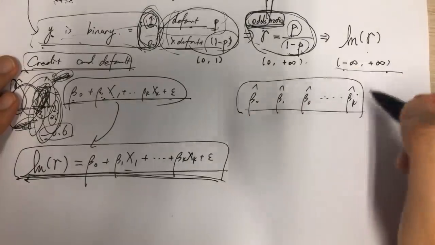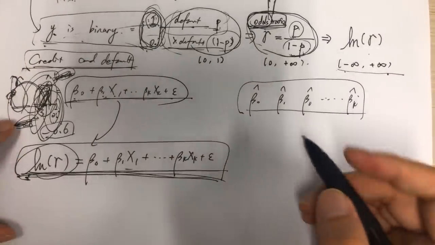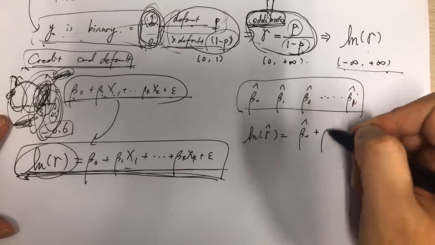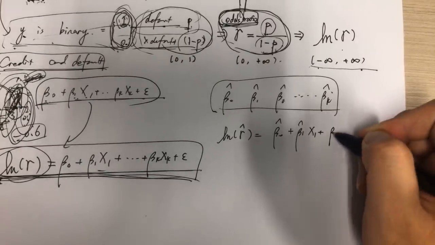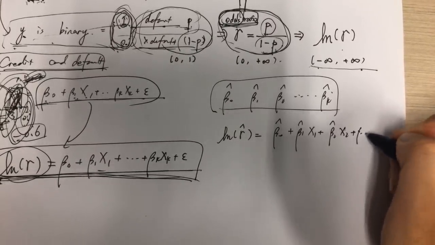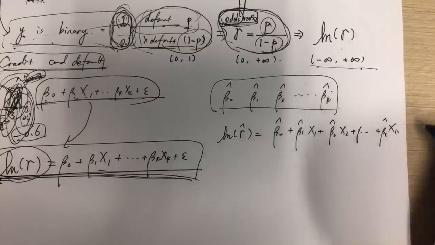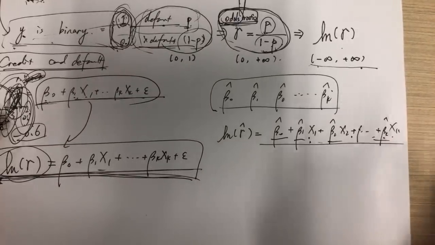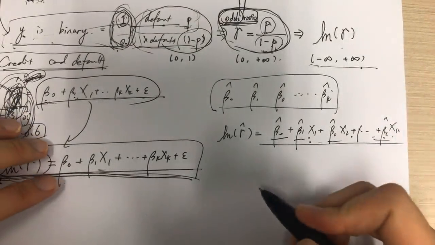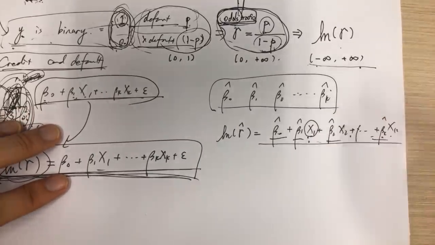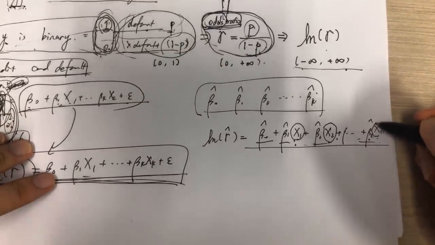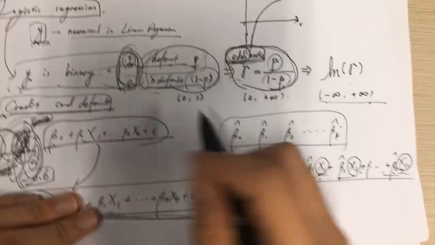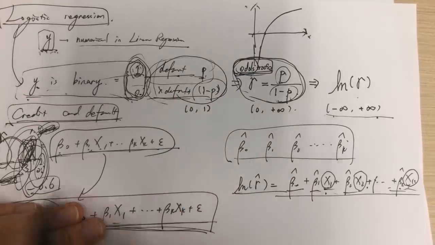All you need to do is write down the estimated equation, which is log r hat equals beta 0 hat plus beta 1 hat x1 plus beta 2 hat x2 plus and so on, plus beta k hat xk. You're going to plug in the real independent variables and the real numbers here, okay? And finally, if somebody's income is whatever, savings is whatever, education is at some level, you're asked to predict whether this person will default or not default.